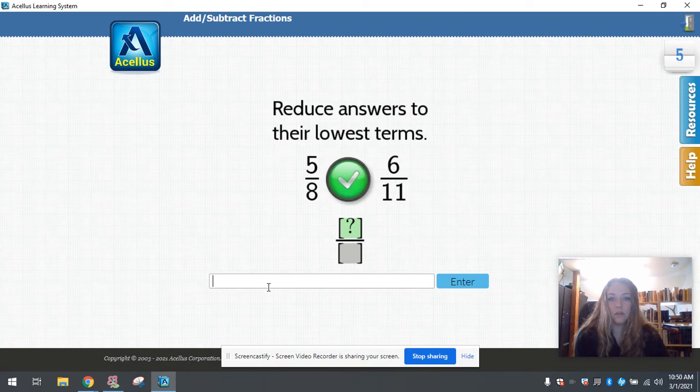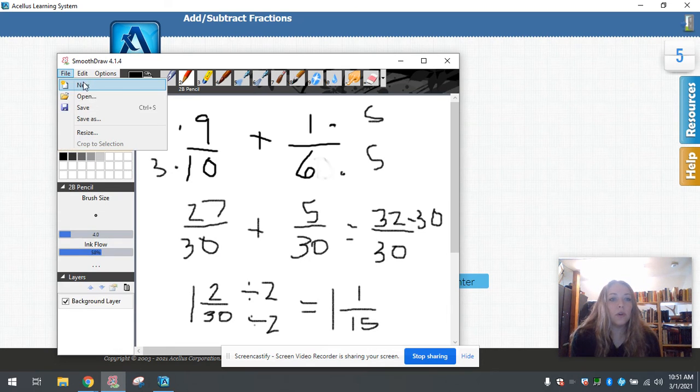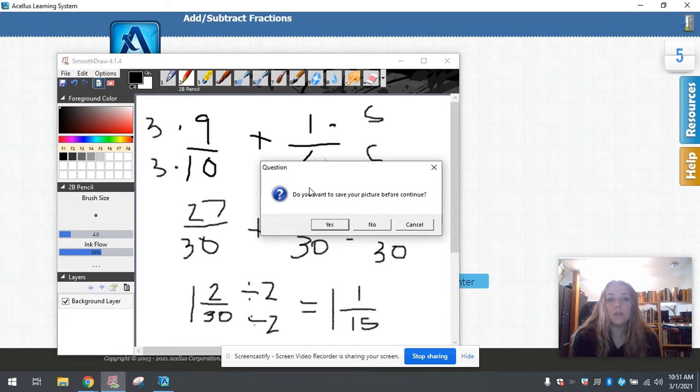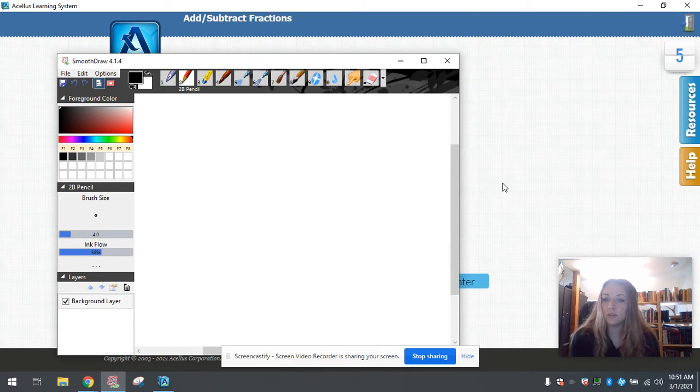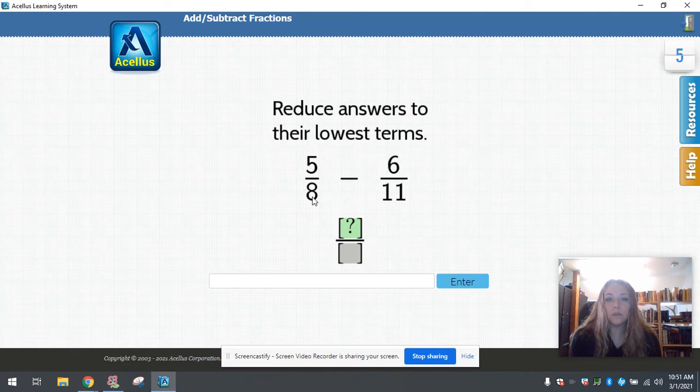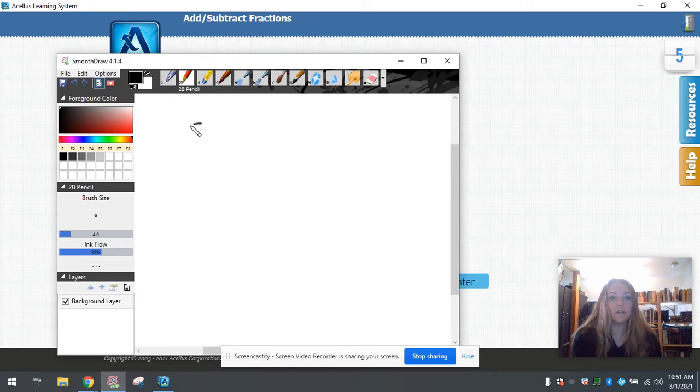Okay, now they're having us subtract here. But same thing, we're going to find a common denominator and then we're going to subtract instead of add. So we've got 5/8 minus 6/11.